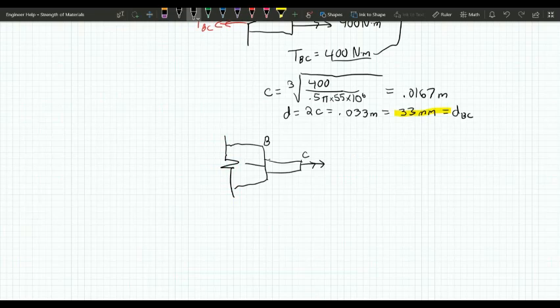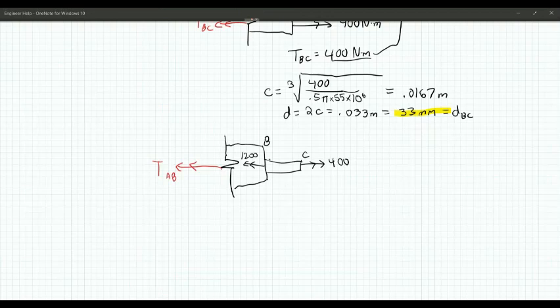And we have one here that's going 1200. This one's 400 still. And now we have a new torque AB.